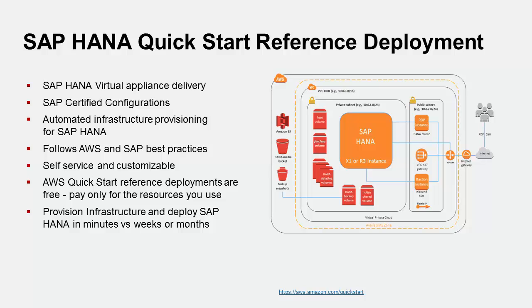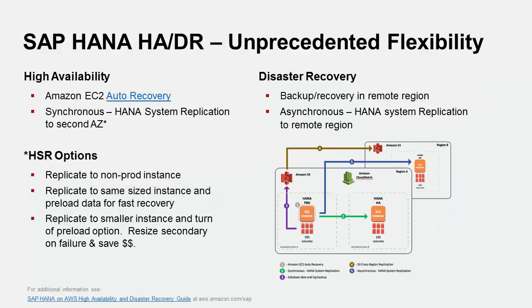The Quick Start provisions all of the required networking, the EC2 instances, the EBS volumes. You provide the SAP HANA installation media, and then the Quick Start installs the HANA instance. And you can have an SAP HANA system up and running, both a single node scale-up or multi-node scale-out cluster, in less than an hour.